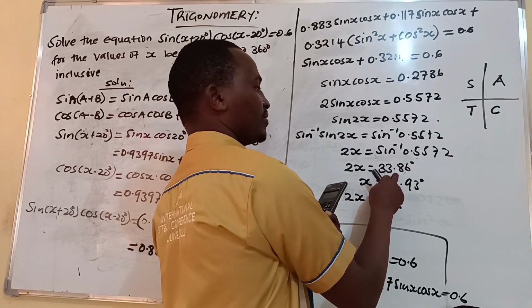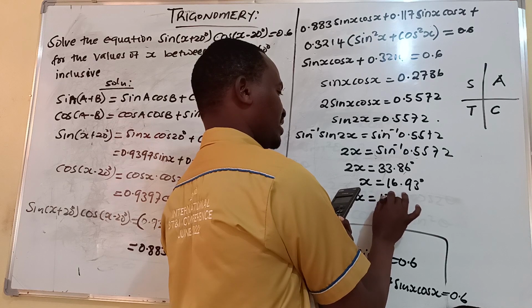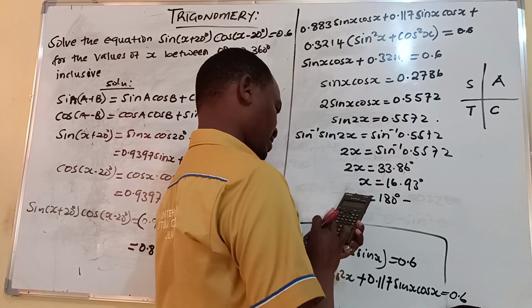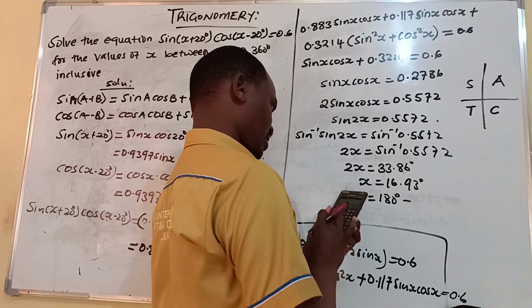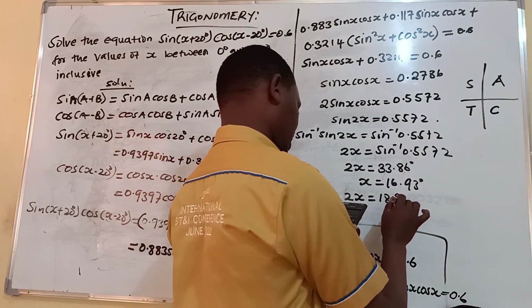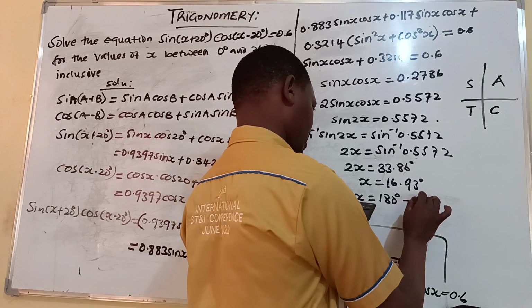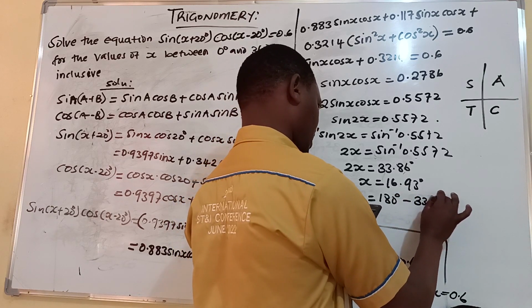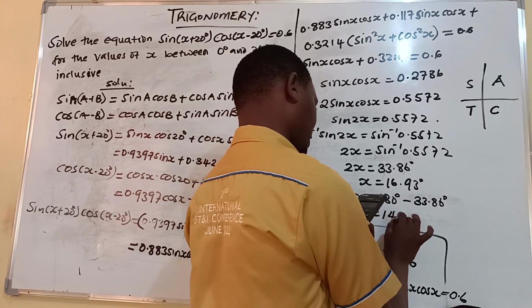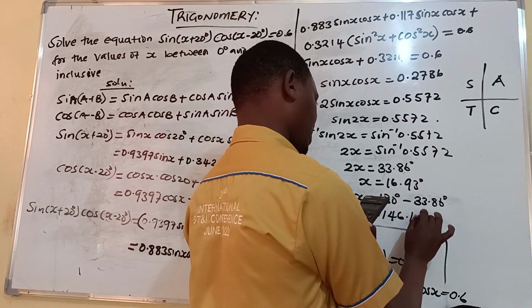The other one, 2x: you see, this answer you got from the calculator, so 2x is 180 degrees minus 33.86, which is 146.14 degrees.